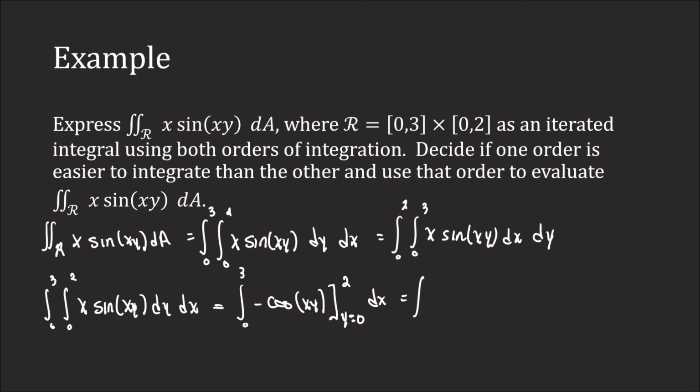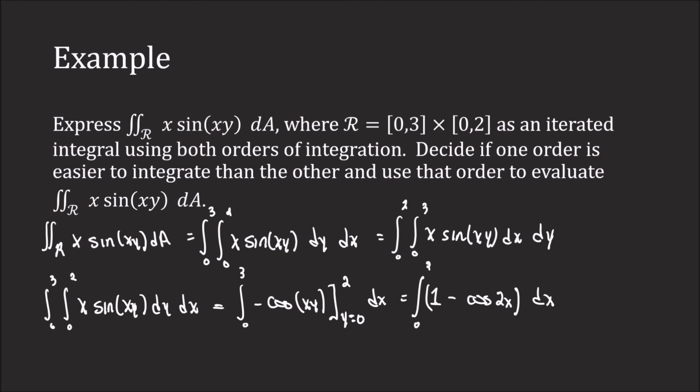So we'll have the integral from 0 to 3 of negative, I'm going to write it this way, of 1 minus cosine of 2x dx.